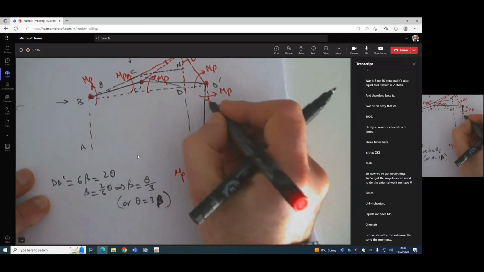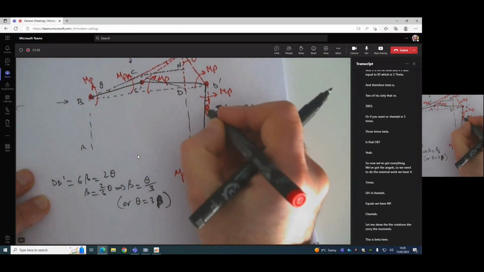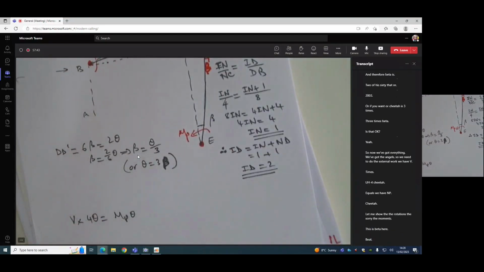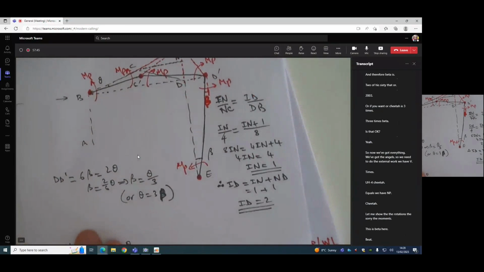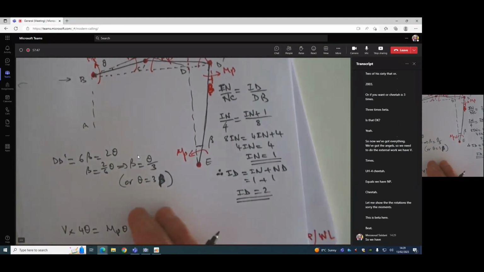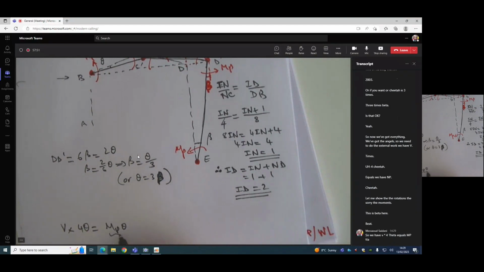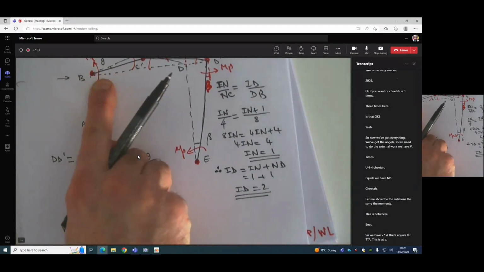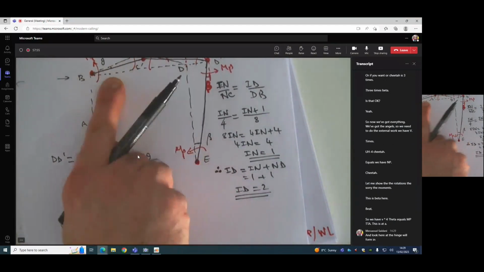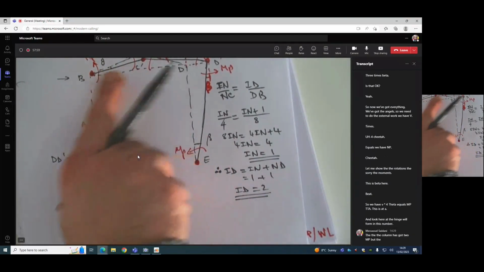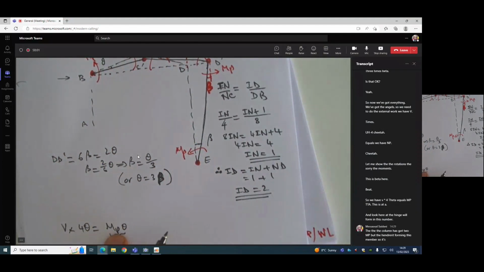This is beta here. So we have V times 4 theta equals MP theta. This is at A. And look here, the hinge will form in this member. The column has got 2 MP, but the hinge will form in this member. So it's MP theta.